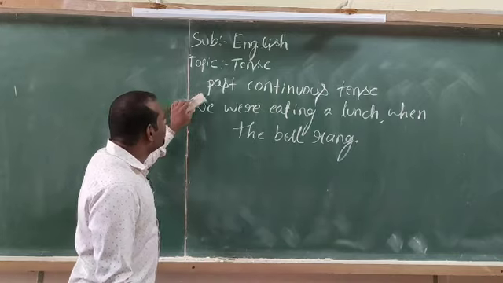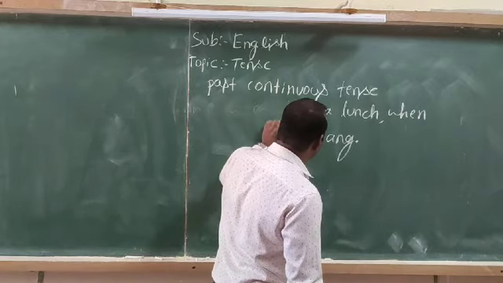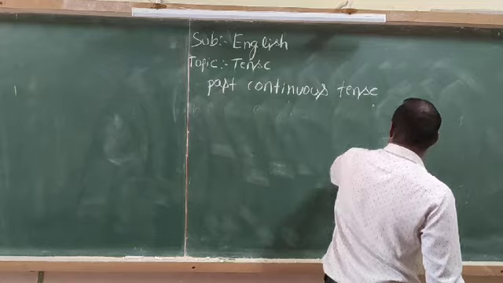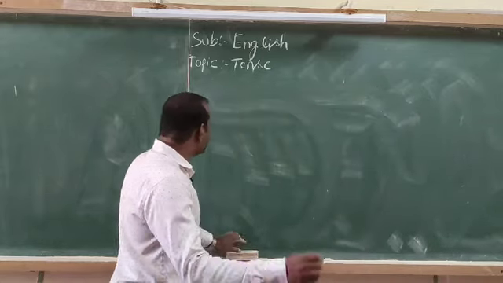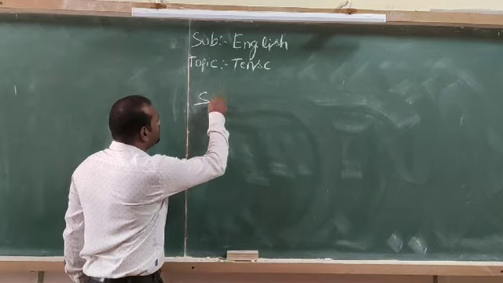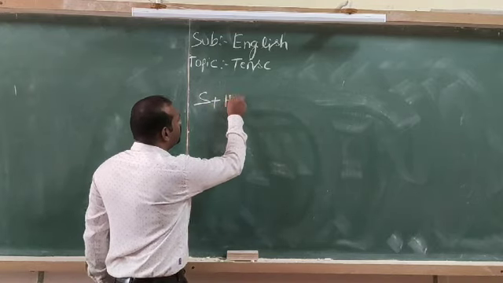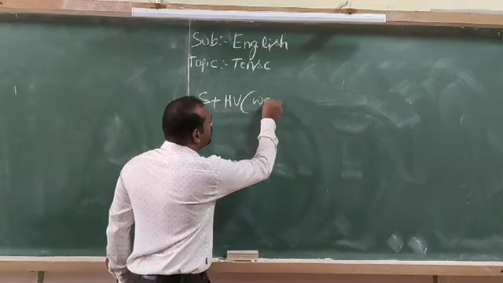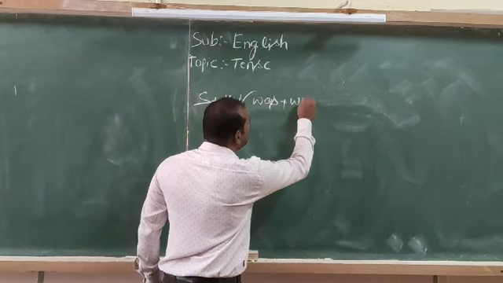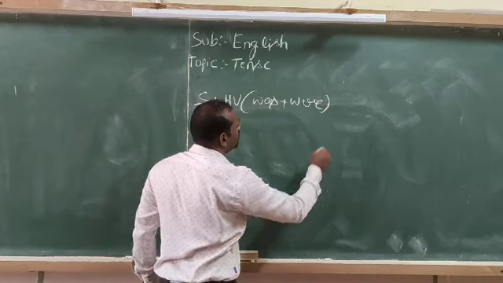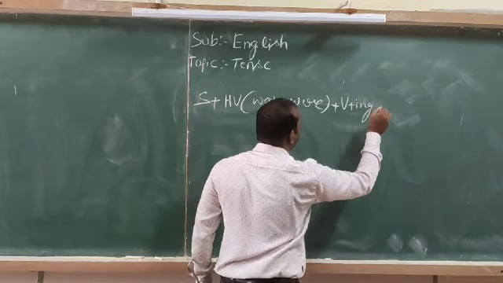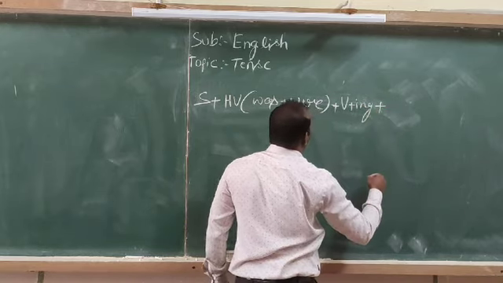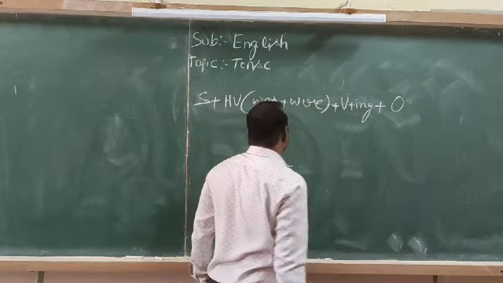Okay, all right. Look into the structure of the past continuous tense. So what is the structure of the past continuous tense? The structure is like this: subject, helping verb, either was or were, plus verb plus ing, or the present participle form, and object.